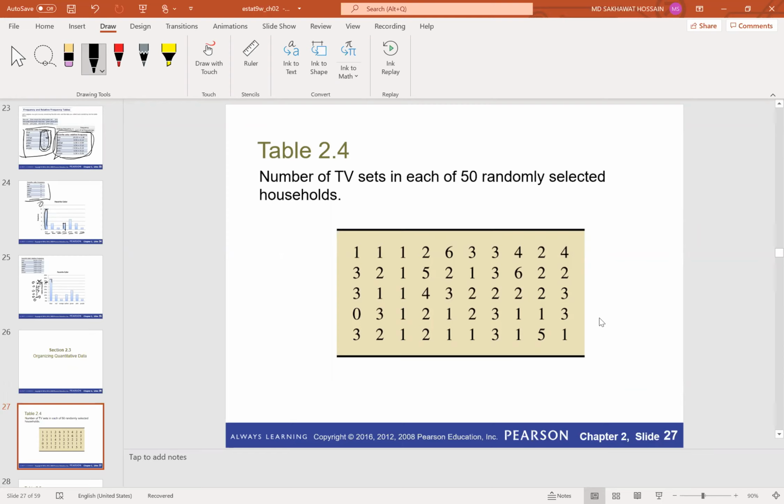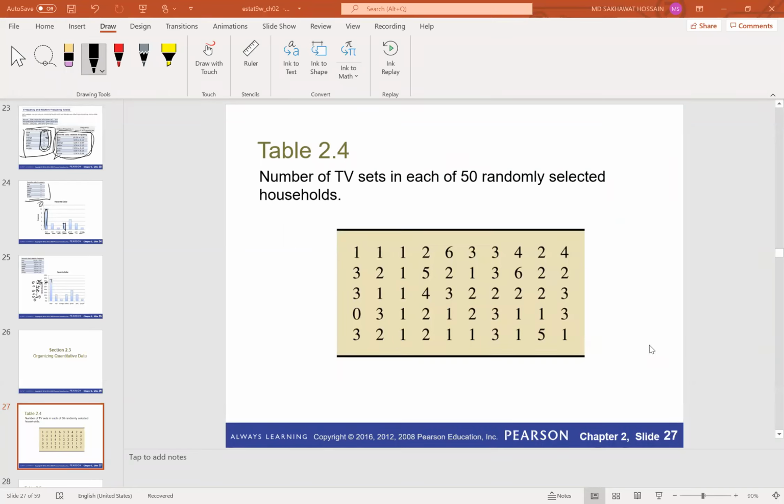Can anyone tell me? Households or TV sets? TV sets. Yes, the variable is TV sets, and we collected it from 50 households. That means we have 50 responses.